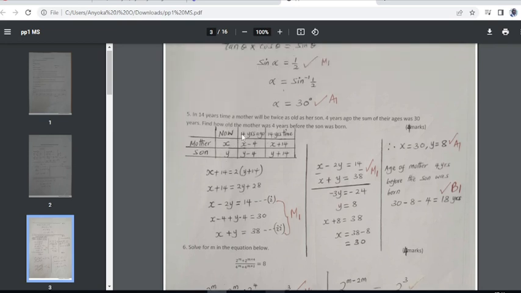Find how old the mother was 4 years before the son was born.